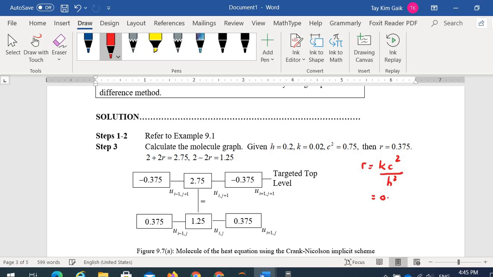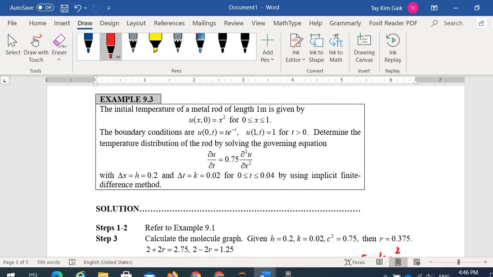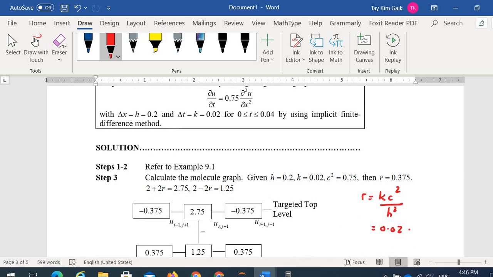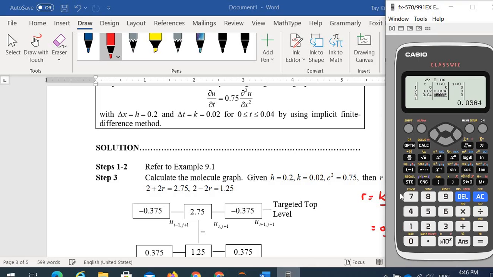So k is 0.02, c squared is a coefficient from your heat equation, 0.75, and then divide by h squared, so 0.2 squared.